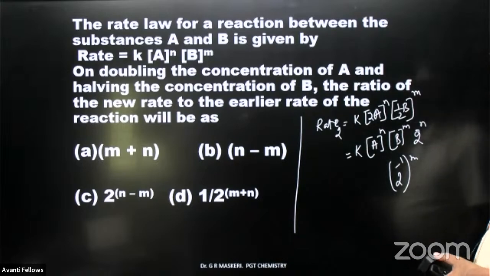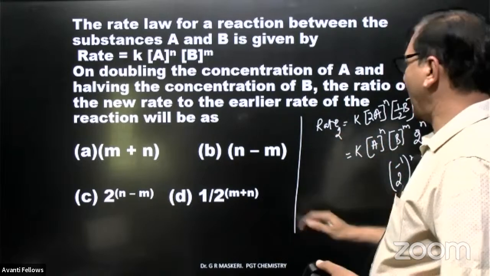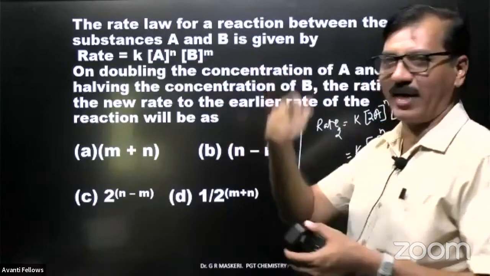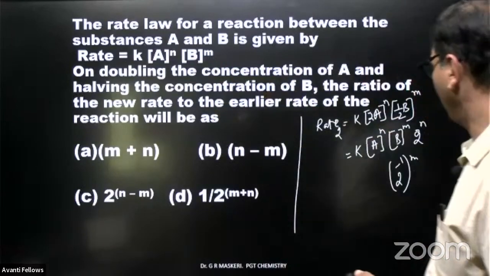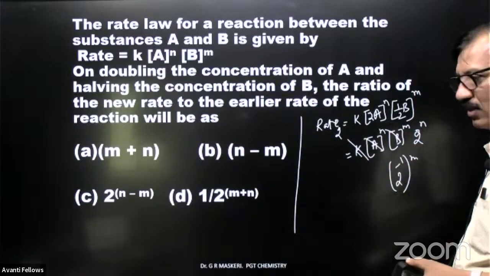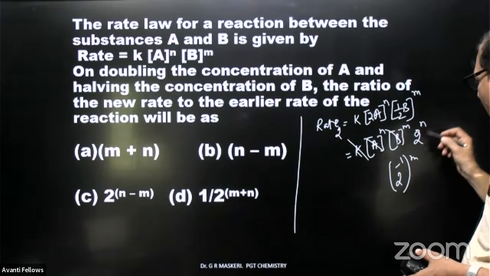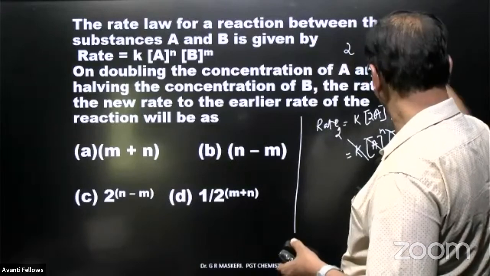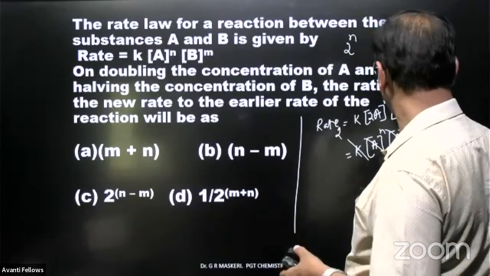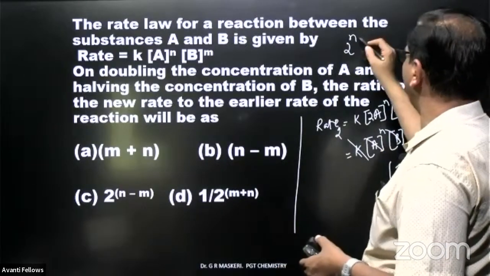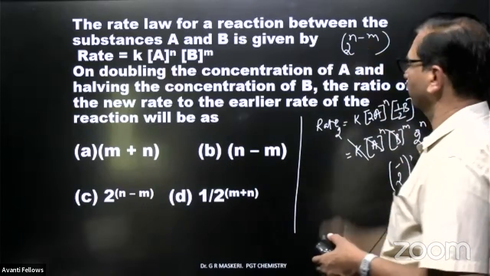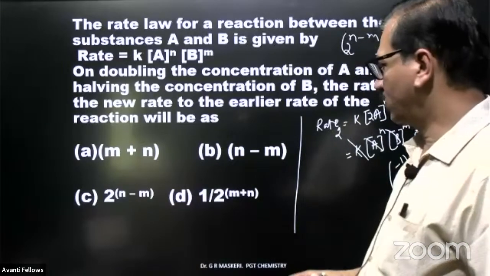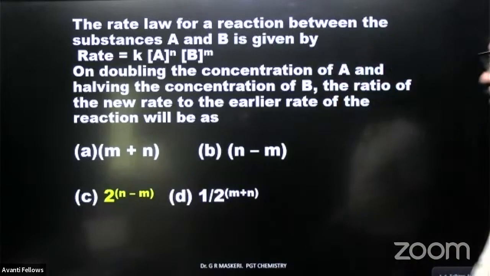Now this is rate 2. Rate 1 is this one only. Divide rate 2 by rate 1. So these things get cancelled. What is remaining is 2 to the power n, and minus 1 in terms is minus m. So this will remain. This is the answer.